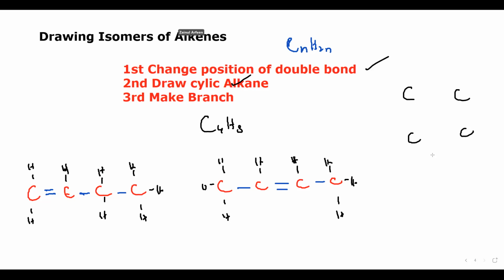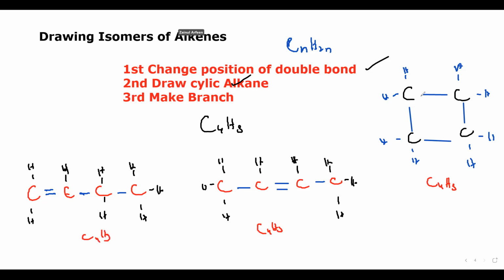We draw 4 carbon atoms in a ring, a cycle with no end, and we link them together, and then we put the hydrogens. Each carbon will have 2 hydrogens. When we count the hydrogens and carbons, this will be C4H8. This is C4H8. This is C4H8. So all these are isomers.